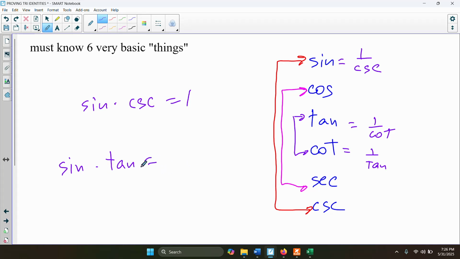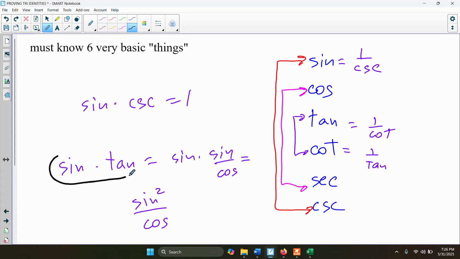Now, on the other hand, if I ask what's sine times tangent, well, tangent is sine over cosine. So it's sine times sine over cosine. In this case, nothing really simplifies or cancels. In fact, it becomes sine squared divided by cosine, which looks more complicated than the original. But it's about the skill of it.